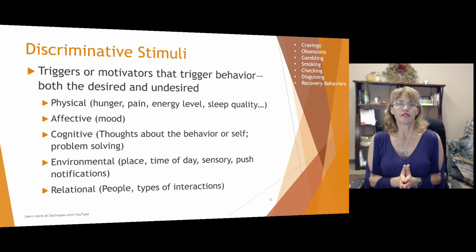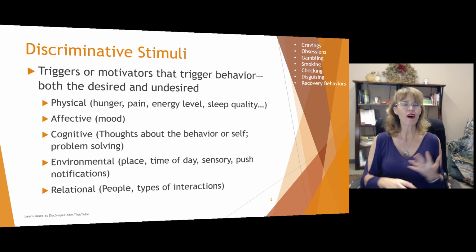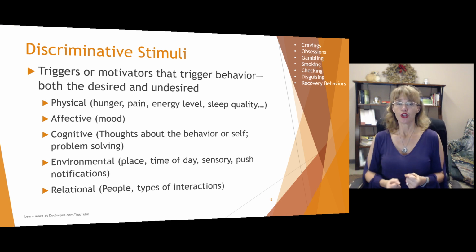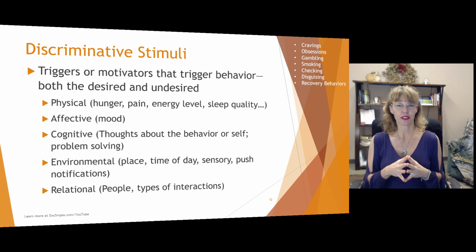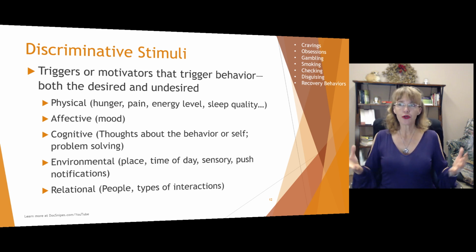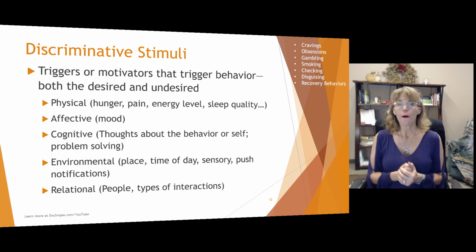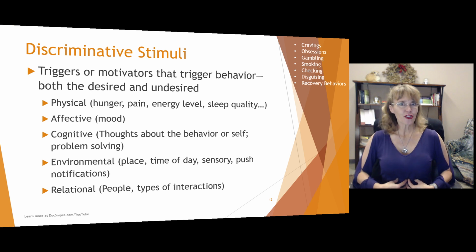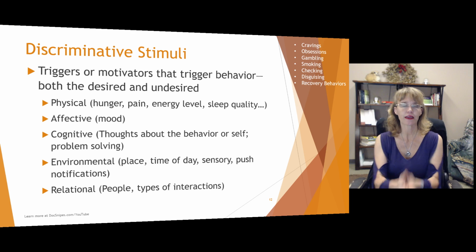So physical triggers for behaviors can be hunger, pain, low energy level, poor sleep quality, those sorts of things. So figuring out how can you minimize those. Some people who have issues with eating may find that when they're hungry, that's a trigger to start eating, and then they have difficulty stopping.